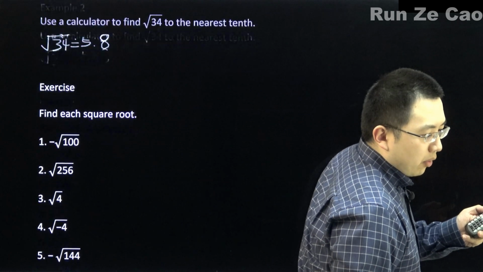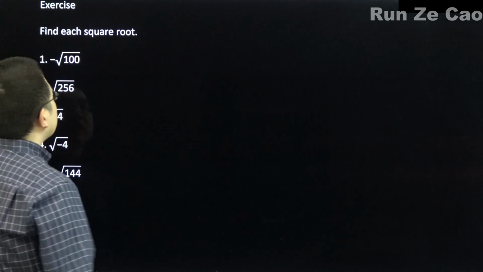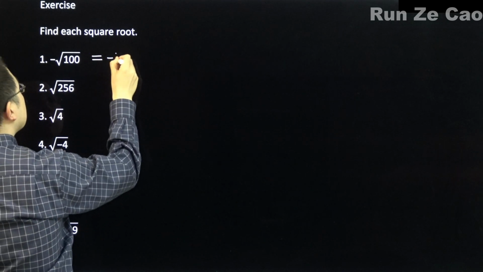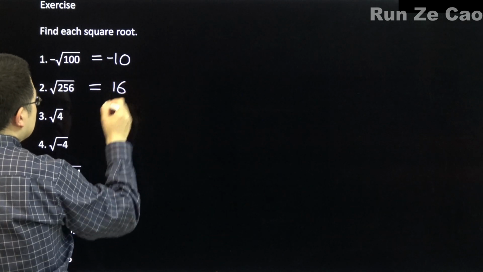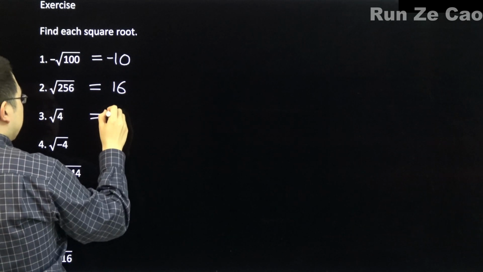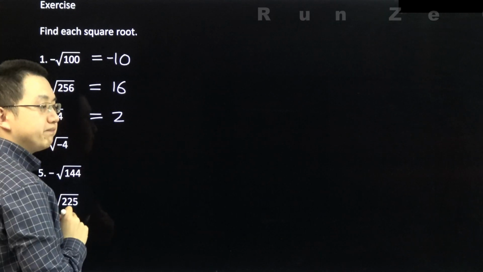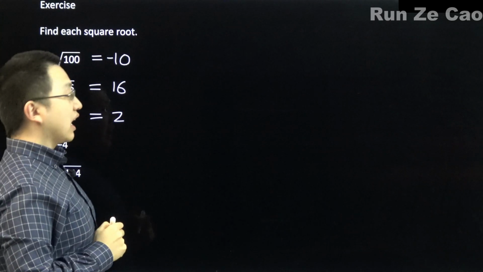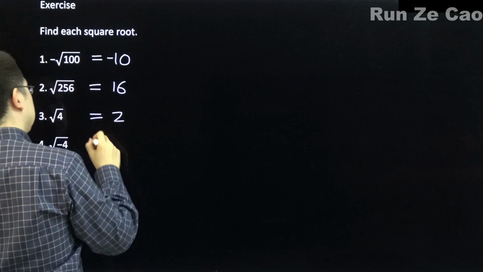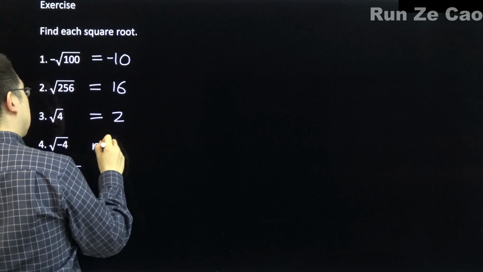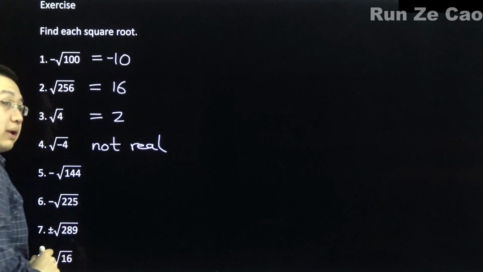Now, let's find some more square roots. Negative square root of 100. Well, 100 is 10 times 10, so that's equal to negative 10. Square root of 256. 256 is 16 times 16. Square root of 4 is 2. Square root of negative 4. Technically, it is 2i if you studied imaginary numbers. But for our purposes, not real is what we write.